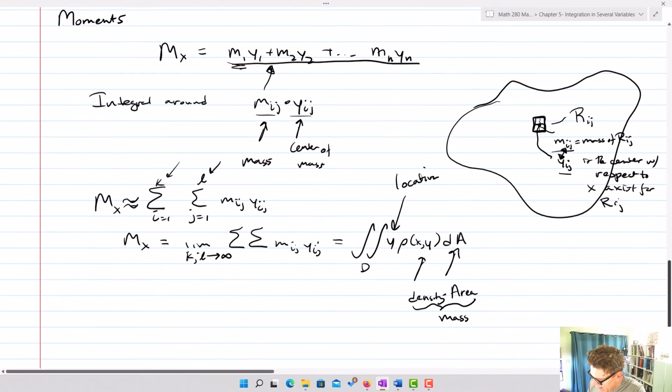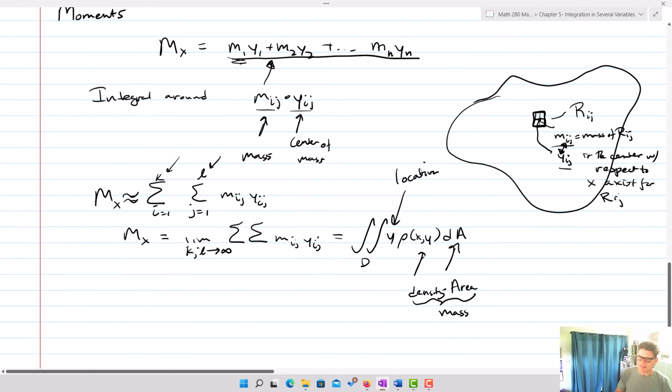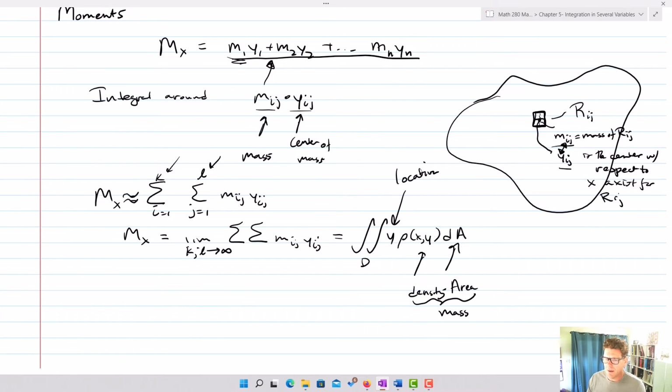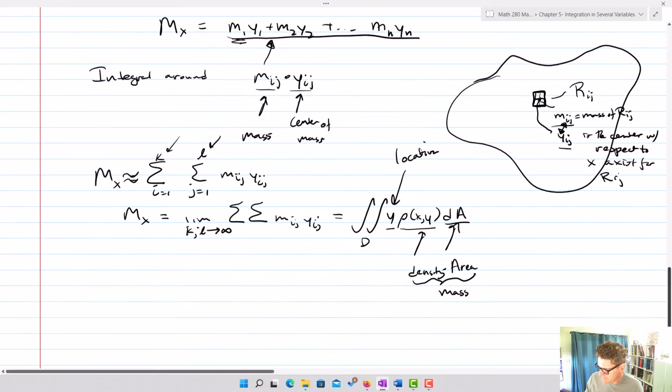So you can see that in this case Mx seems much more straightforward. Basically, it's y times the density function times dA, and because we're using rectangular coordinates, it's going to be dx dy, or dy dx.